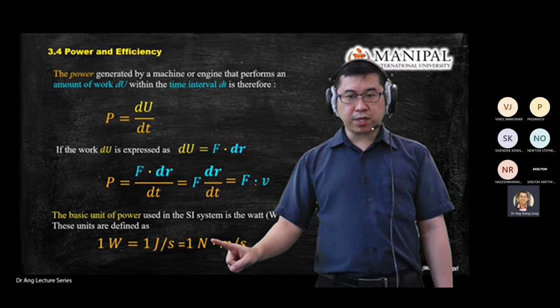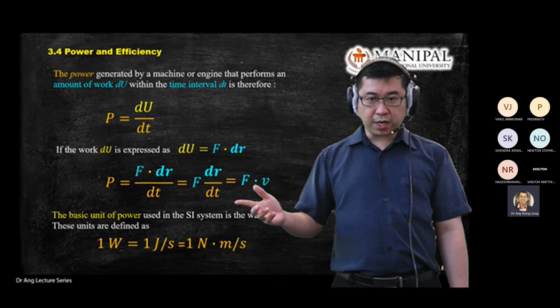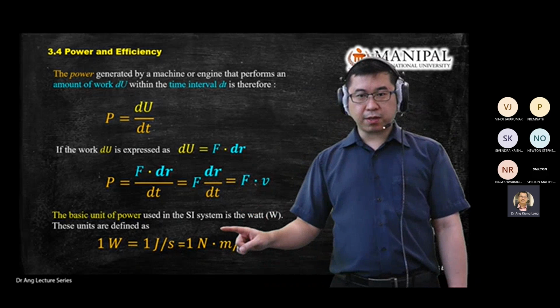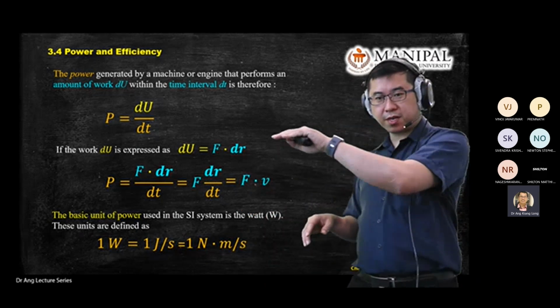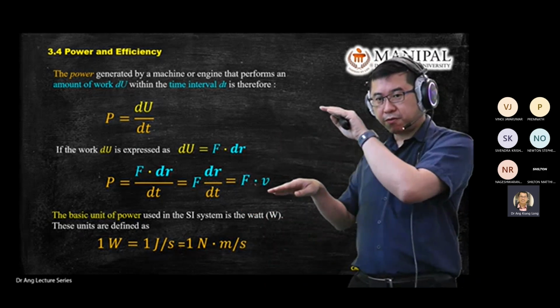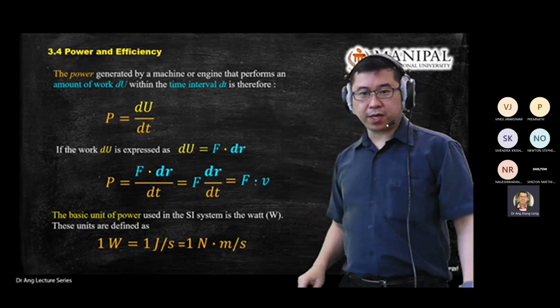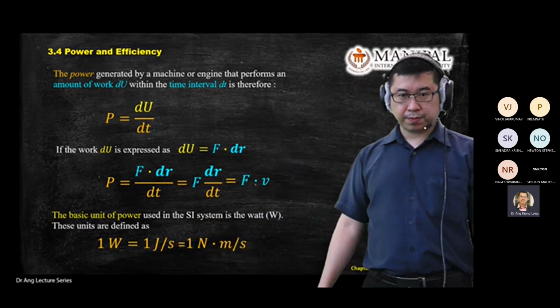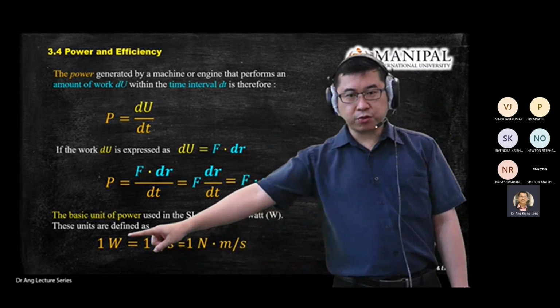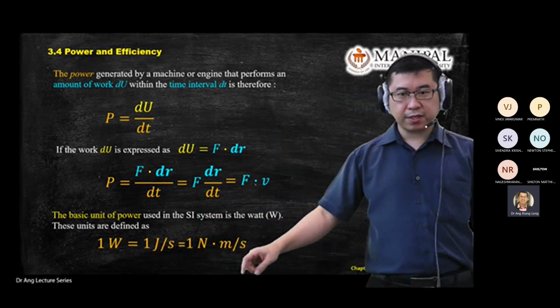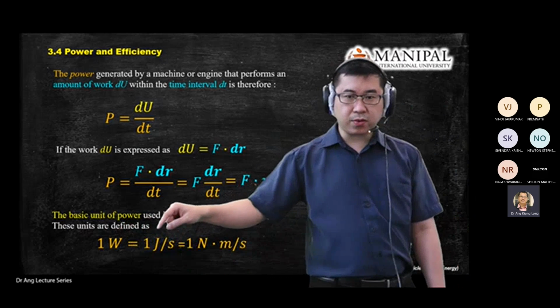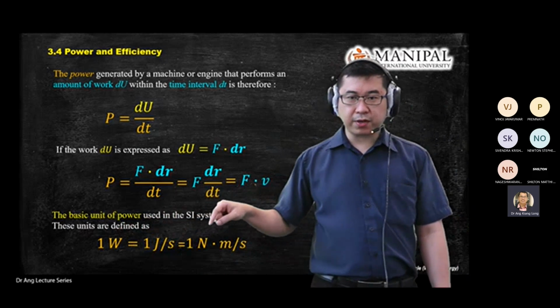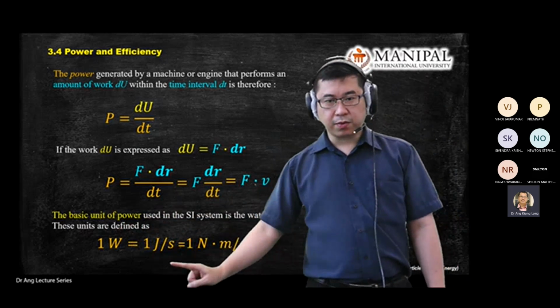You know that Newton meter is your work. Force in Newton, displacement in meter, you get work. What is the unit of work? Joule. So joule per second. You have three unit conversions here: 1 watt equals 1 joule per second equals 1 Newton meter per second when you talk about power.